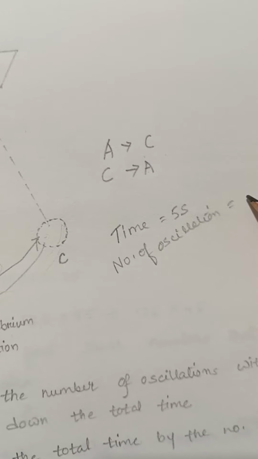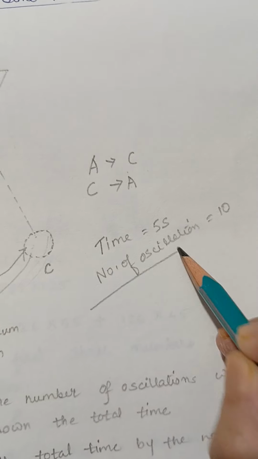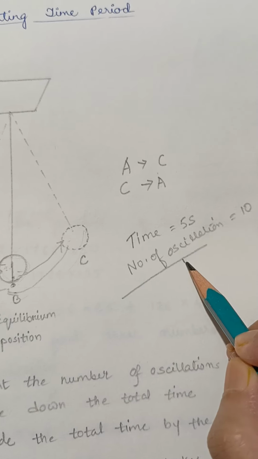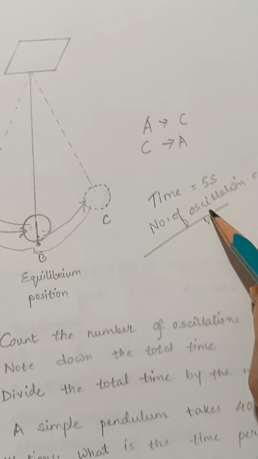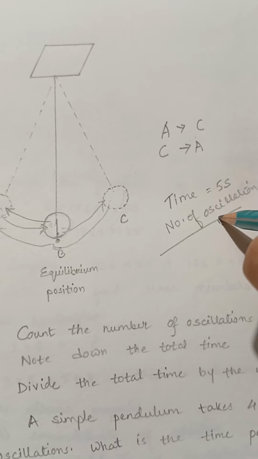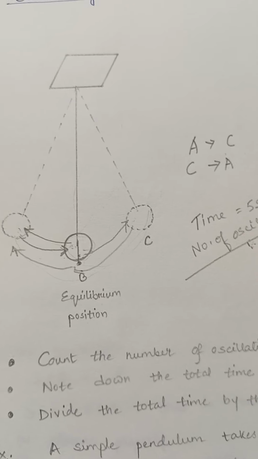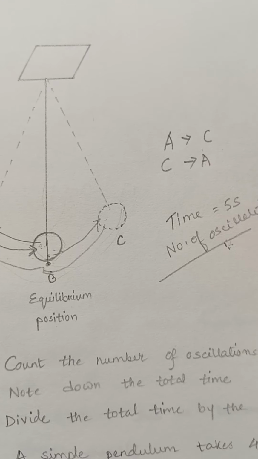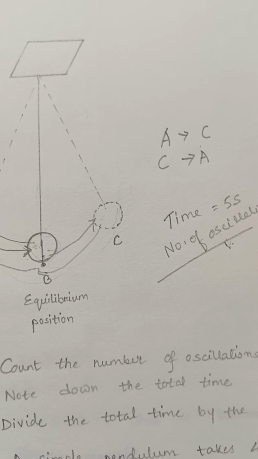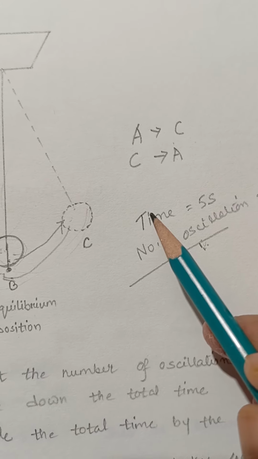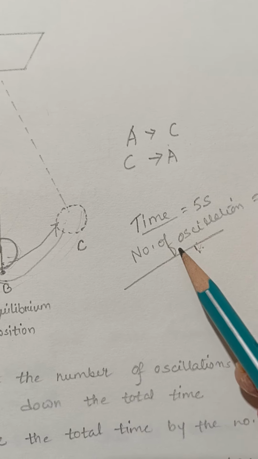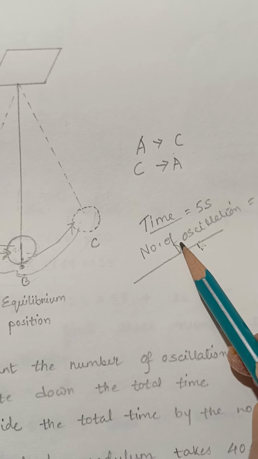So you can calculate the time period very easily. Time period equals total time divided by number of oscillations.